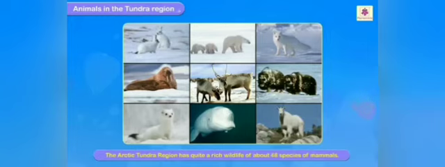The Arctic tundra region has quite a rich wildlife of about 48 species of mammals, despite its extreme climate and poor vegetation.